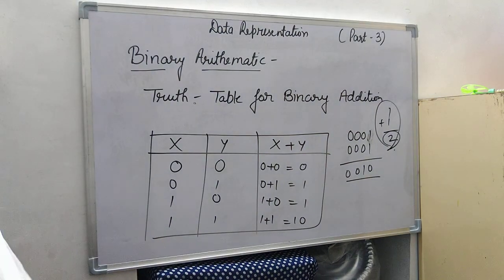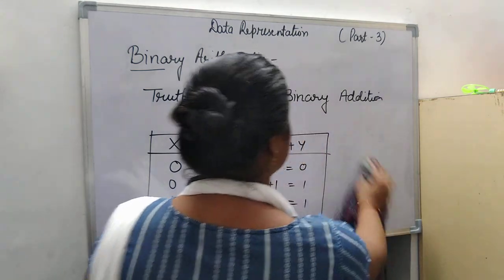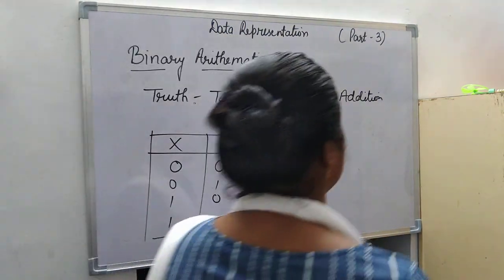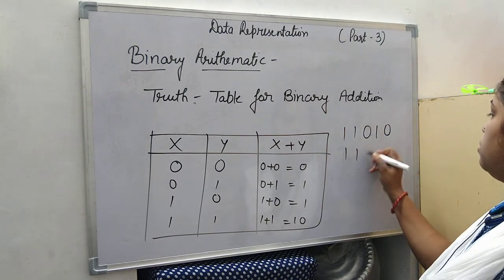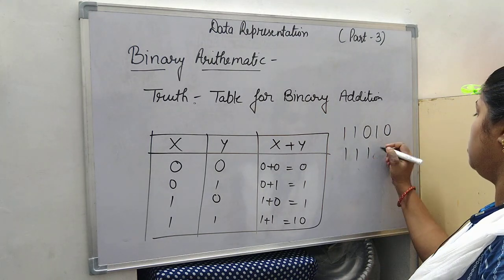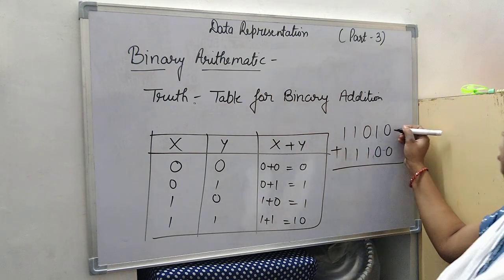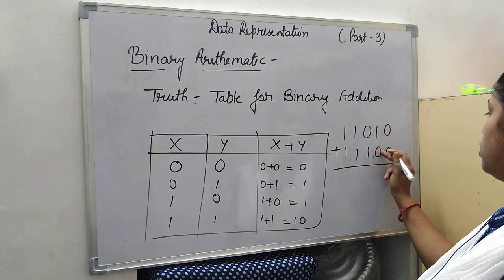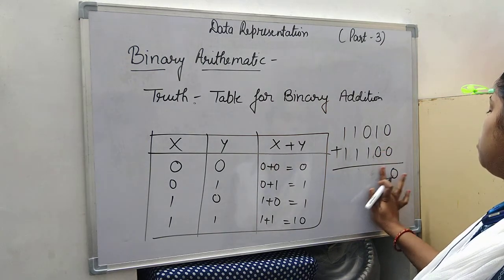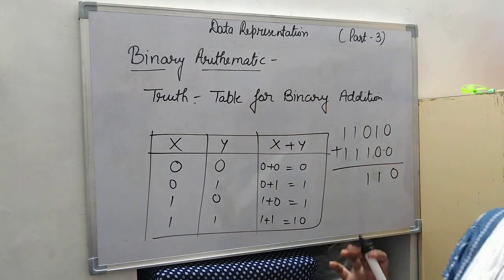Now let's solve an example with this truth table. Suppose we have the binary numbers 11010 and 11100. As we can see in the truth table, 0 plus 0 equals 0, 1 plus 0 equals 1, 0 plus 1 equals 1, and 1 plus 1 equals 10.